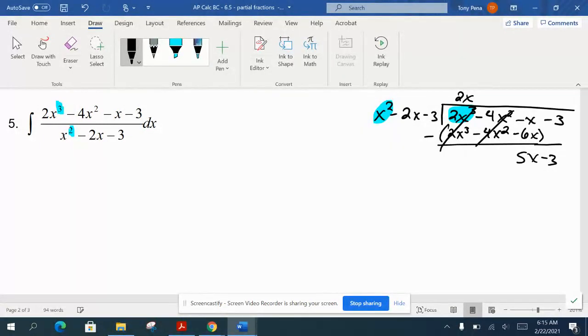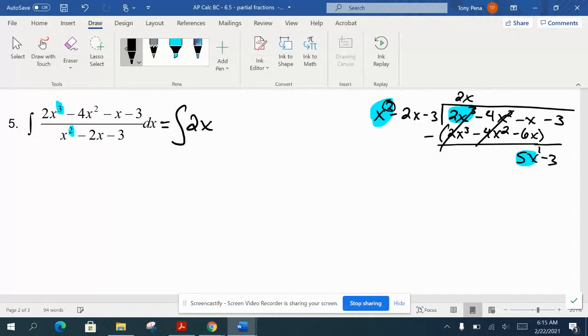The reason that is nice is now what you're supposed to do is take this term and divide it by this term. Well, now notice how this degree is a 1, and what we're going to be dividing it by is something with a degree of 2. So we're going to rewrite this as a 2x, and what this now is really our remainder, right?